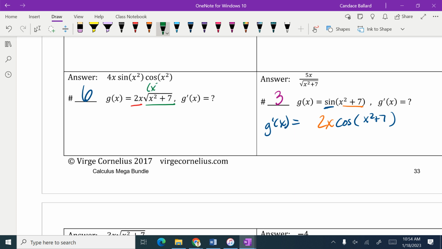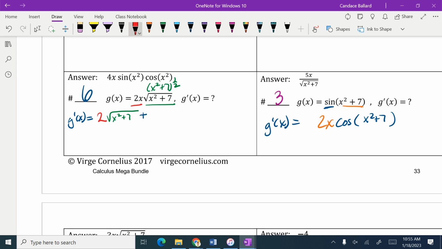All right. You might want to rewrite your green as to the 1/2 power, right? Okay. So g prime of x equals. All right. What was the derivative of your red? 2. I'm going to leave my green alone. So x squared plus 7. Okay. What operation in between them?